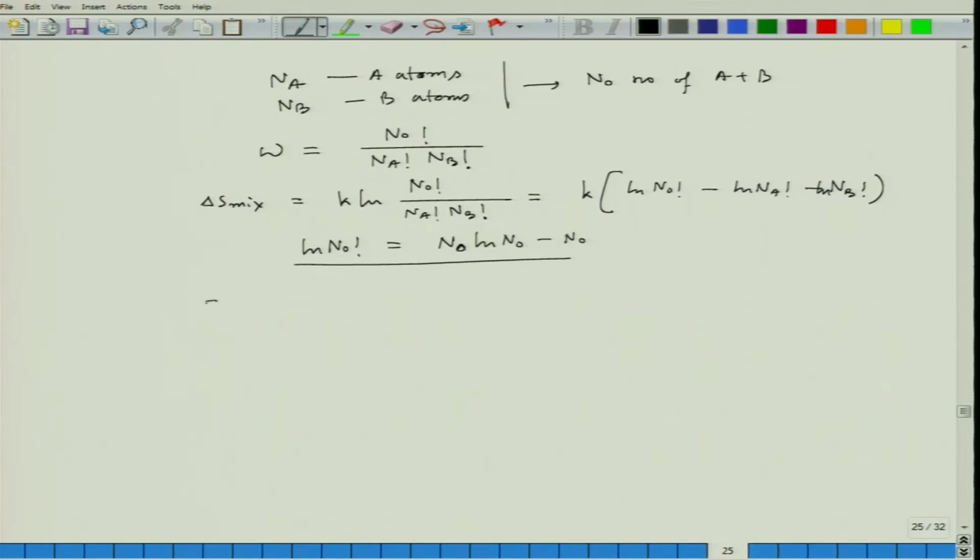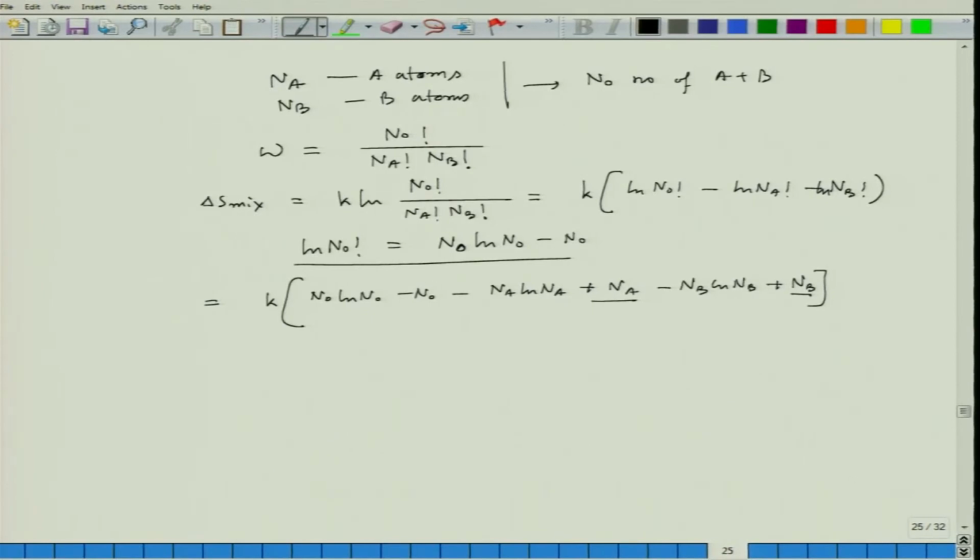Now, we can write it as, now we see that Na plus Nb is actually nothing but N0.